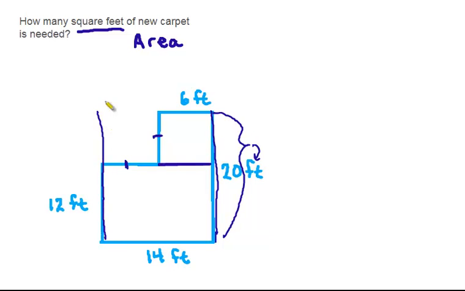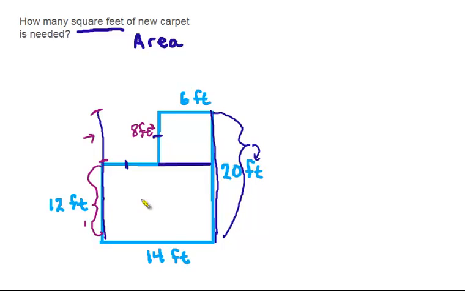But notice that this part isn't right here, but instead it's here. So if we know that we have 12 feet here, and the entire thing has to be 20, the difference is 8. So this side is going to be 8 feet.